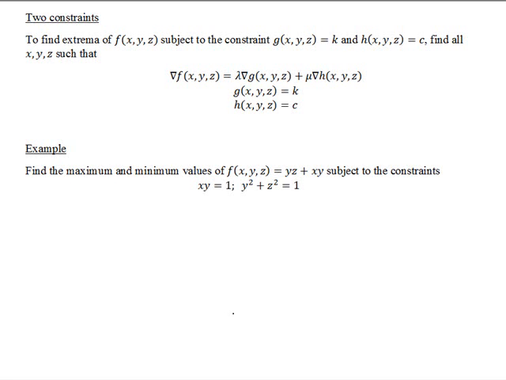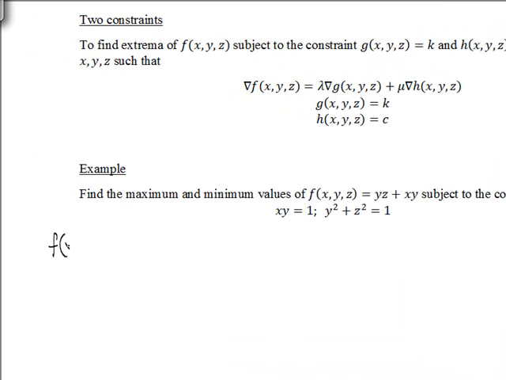Let's do number 1. Find the maximum and minimum values of f of x, y, z equals yz plus xy, subject to the constraints xy equals 1 and y squared plus z squared equals 1. Okay. We want to write down 3 functions, f, g, and h.